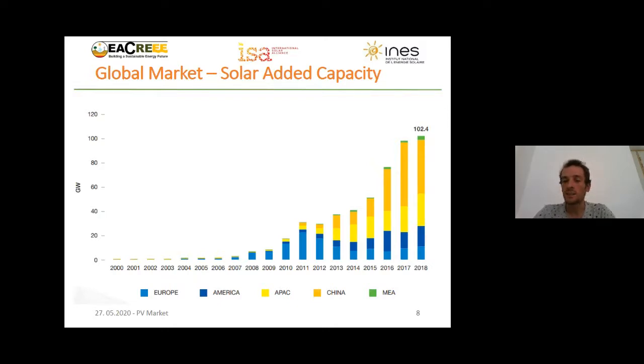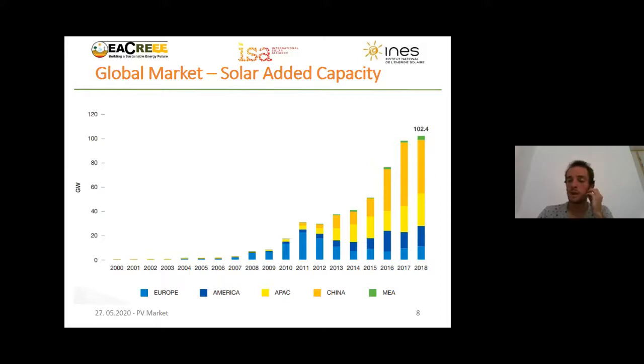And I think that the MEA, Middle East and Africa solar market, will dramatically grow in the next decades as the China market did in the past years. That was the solar added capacity each year.